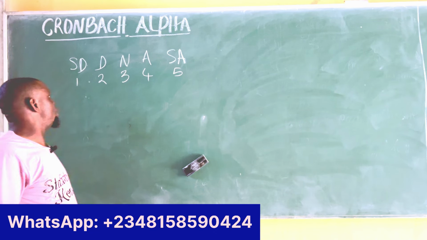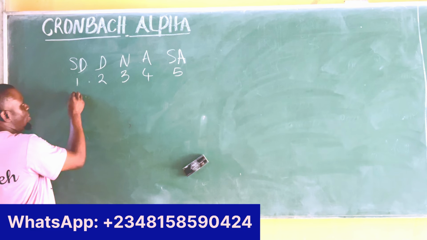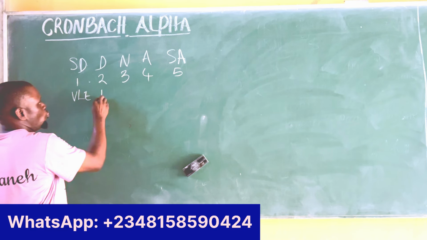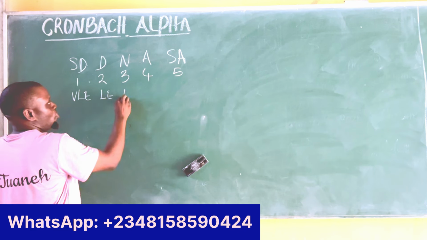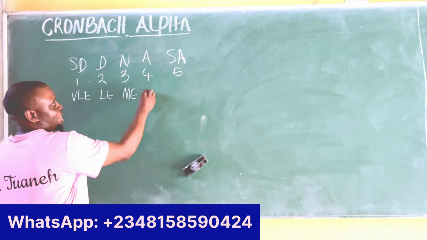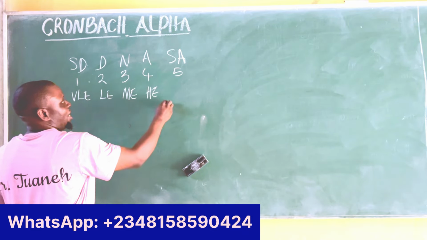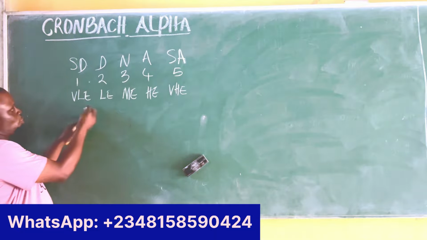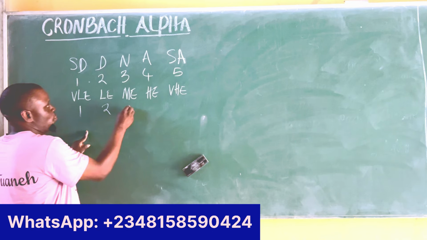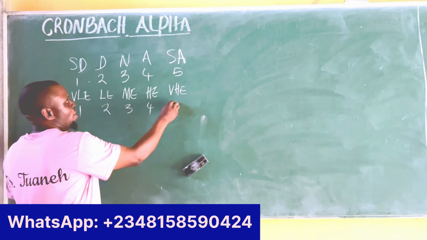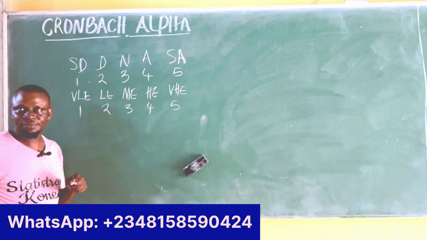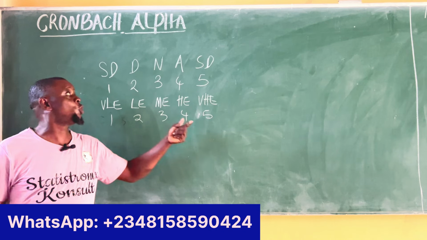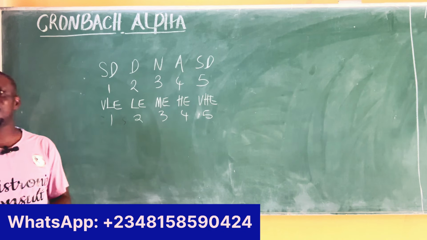It may also be in the form of very low extent, moderate extent, high extent, and very high extent. This is also coded as 1, 2, 3, 4, and 5. So these options provide the data with which we compute our Cronbach Alpha.